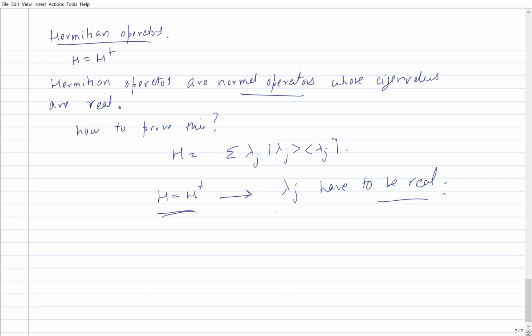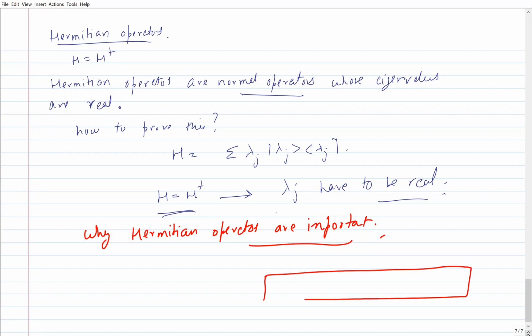Why are Hermitian operators important? Well, as you know, in quantum mechanics, what we measure is always going to be an eigenvalue of a Hermitian operator, and all our measurements in physics essentially have to map onto a number line. This is my number line with 0.